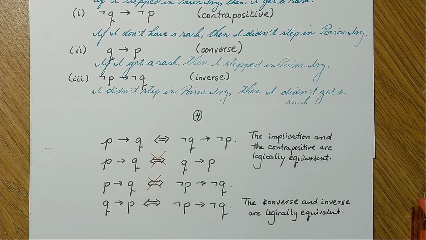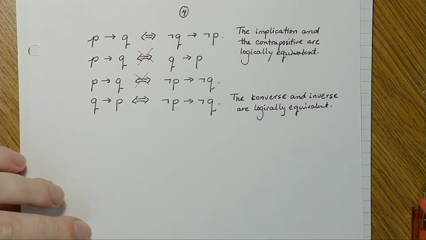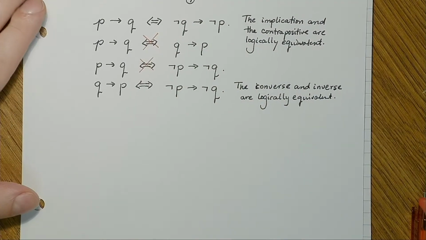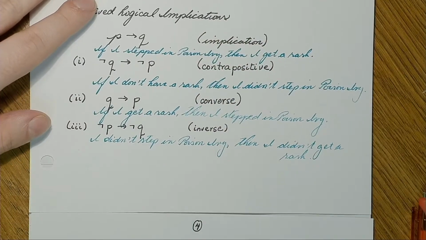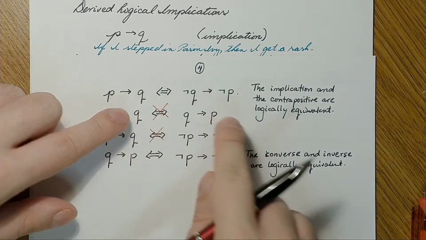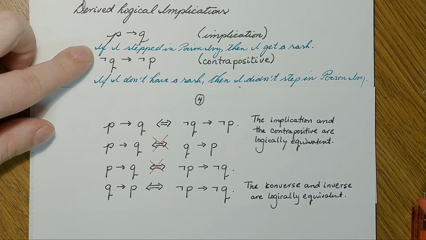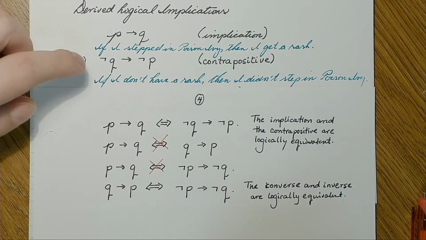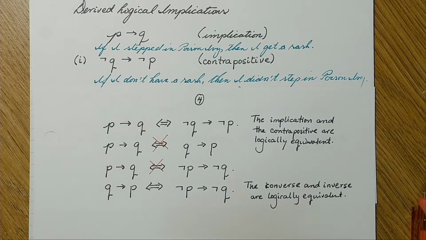So what does this mean? This means that for me to say, just using our rule right here, if I stepped in poison ivy then I got a rash, an equivalent way for me to say that is that if I don't have a rash, then I didn't step in poison ivy.